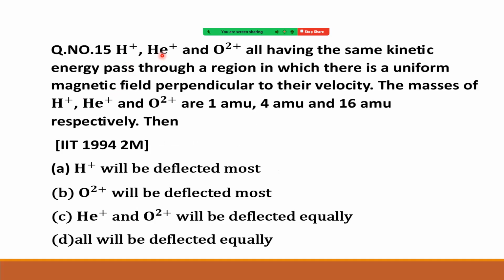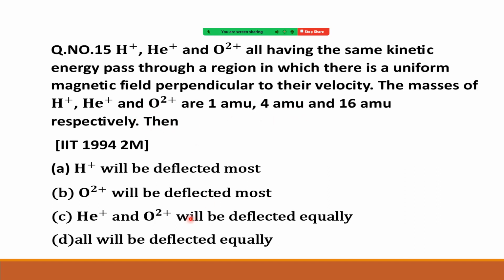H plus, He plus, and O2 plus, all having the same kinetic energy, pass through a region in which there is a uniform magnetic field perpendicular to their velocity. The masses of H plus, He plus, and O2 plus are 1 AMU, 4 AMU and 16 AMU respectively, where AMU means atomic mass unit.